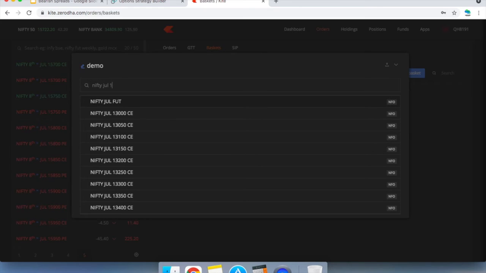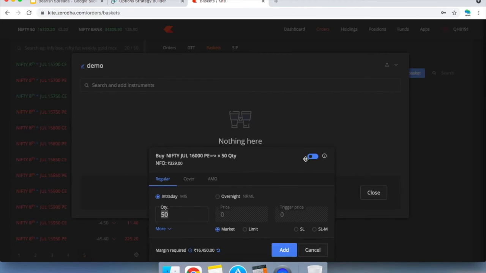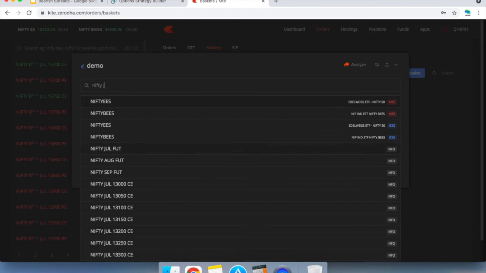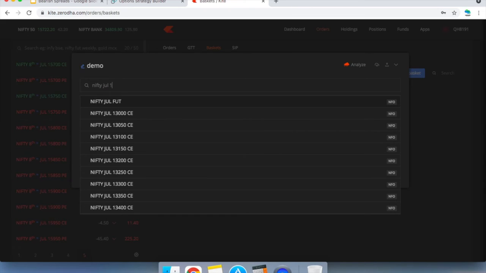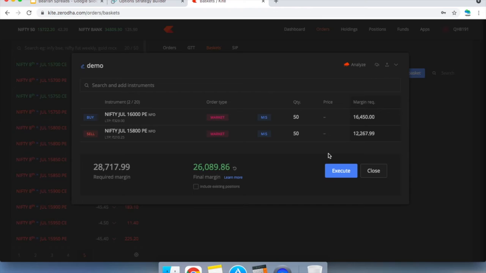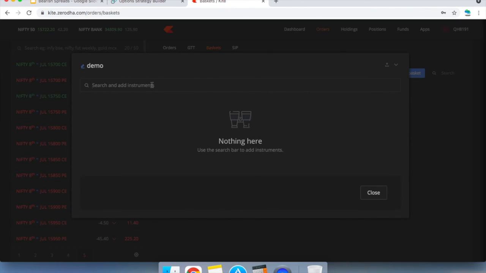Nifty July 16,000 put we will buy, and Nifty July 15,800 put we will sell, right? So here we have a bear put spread with a margin required of only 26,000. And this may vary slightly with the values that you are seeing, but more or less this is the rate.